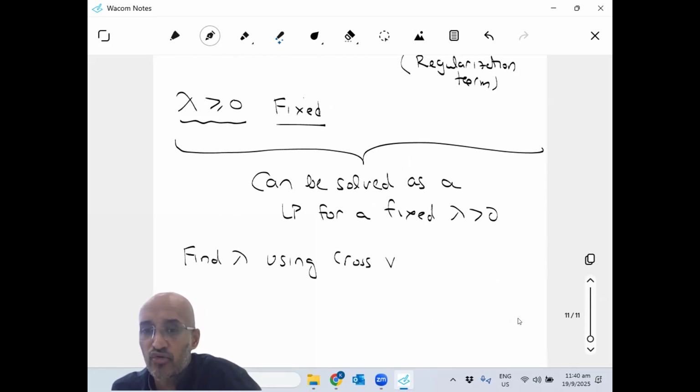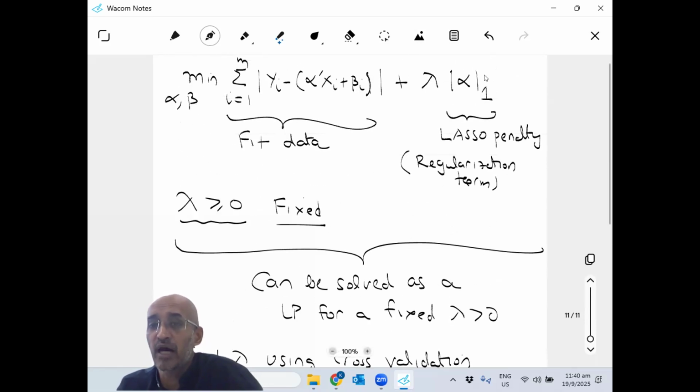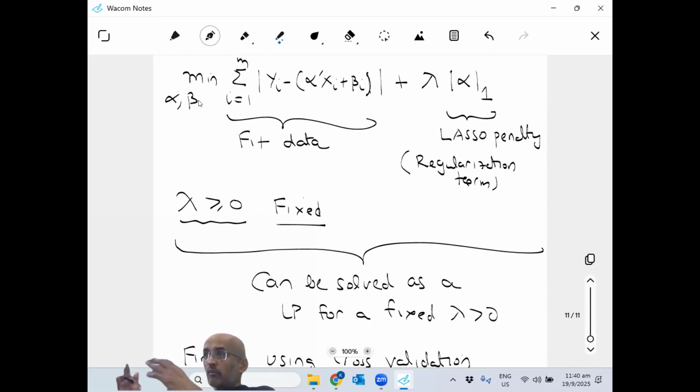So you do cross validation, and you have to solve a sequence of LPs. For every lambda, you have to solve a different linear program, and then you try to find the best lambda by doing some cross-validation idea. You keep some hold out sample, and then you check how it performs and so on.